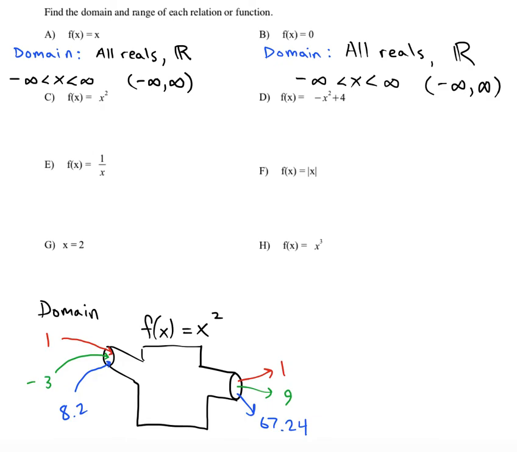Okay, I can't think of any number that I can't plug into that. I could square any real number, just by multiplying it by itself. So once again, our domain is all real numbers. And for negative x squared plus 4, it's going to be the same.